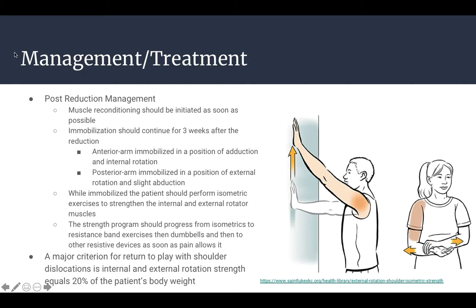While immobilized, the patient should perform isometric exercises to strengthen the internal and external rotator muscles. The strength program should progress from isometrics to resistance band exercises, then to dumbbells, and then to other resistance devices as soon as pain allows. A major criterion for return to play with shoulder dislocations is internal and external rotation strength that equals 20% of the patient's body weight.